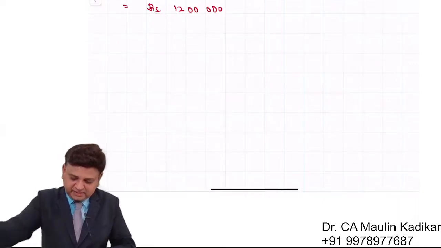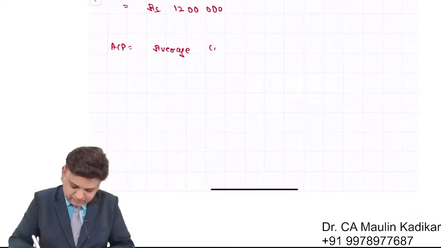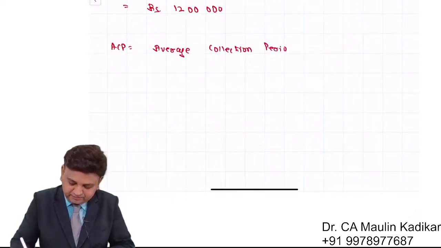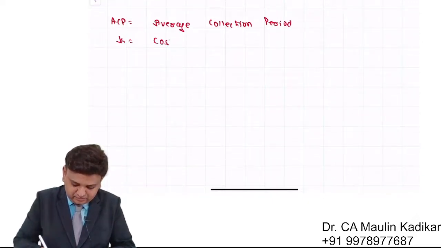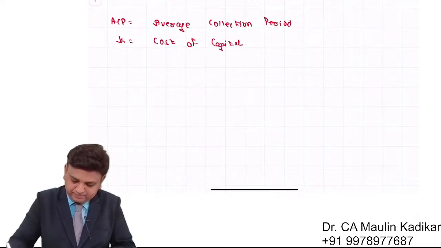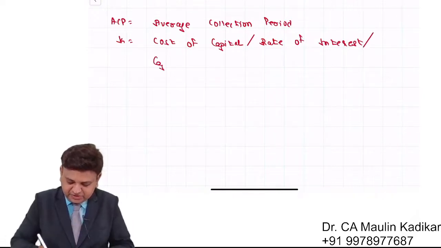The term ACP stands for average collection period. The term K stands for cost of capital, slash rate of interest, slash capitalization rate.